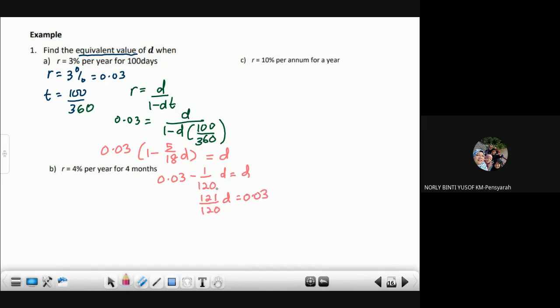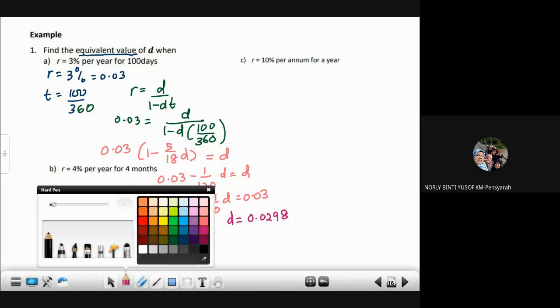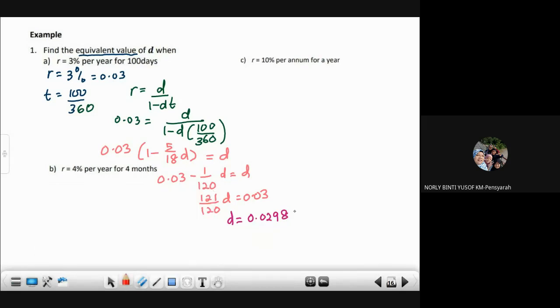Okay, and then cari dapat D tu 0.0298. Okay, jawapan ni mesti wajib dalam 4 decimal places. Supaya bila kita bundarkan, untuk percentage, kita akan dapat 2.98. Kalau kita bundar terlalu awal, nanti kita punya percentage akan lari.